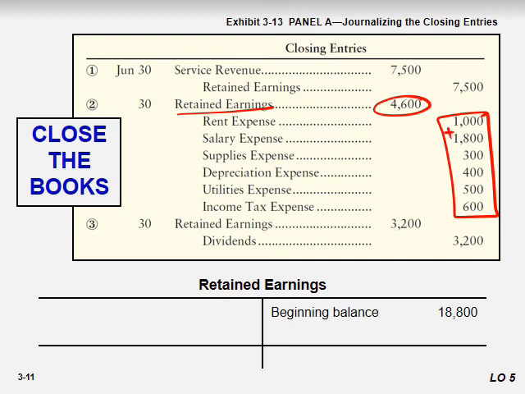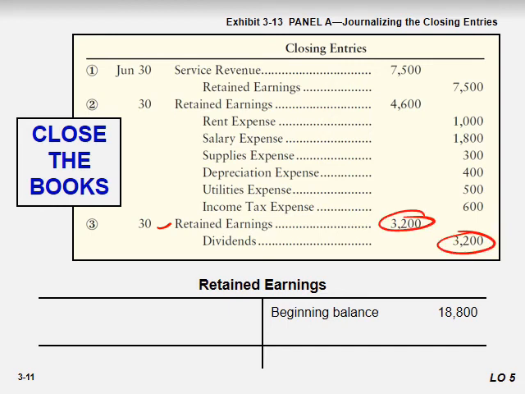We just add the values 1000 plus 1800 plus 300 plus 400 plus 500 plus 600. And the dividend, we close down the dividend. Similar treatment with the dividend. When dividend increases, it is debited. When we close down, we make a reverse entry against retained earnings. So dividend is credited against retained earnings, right?